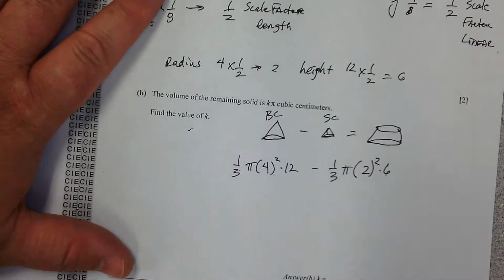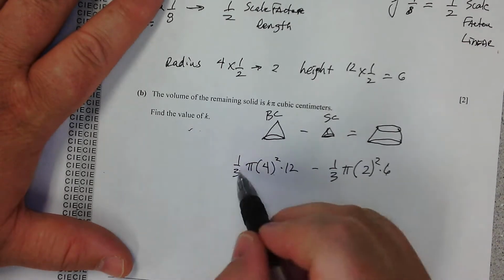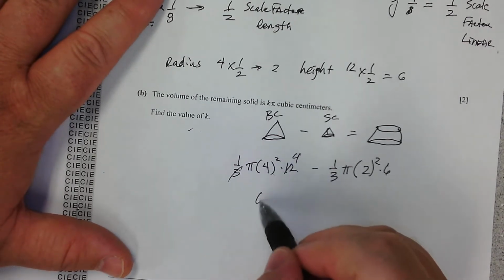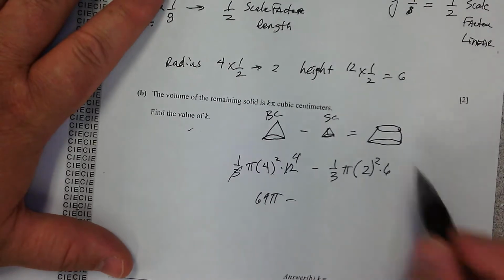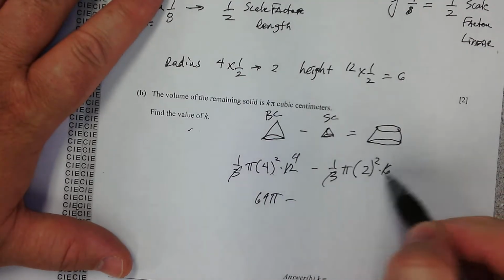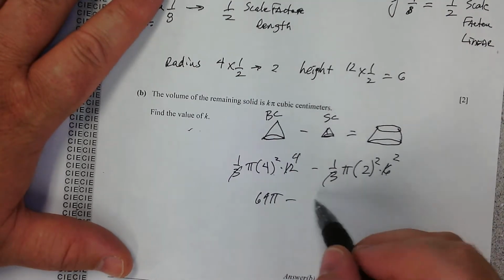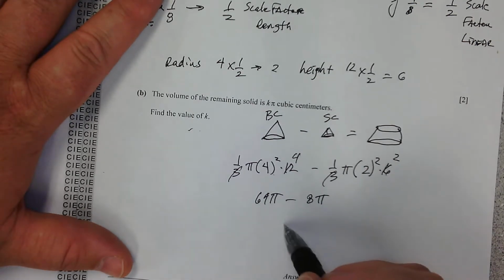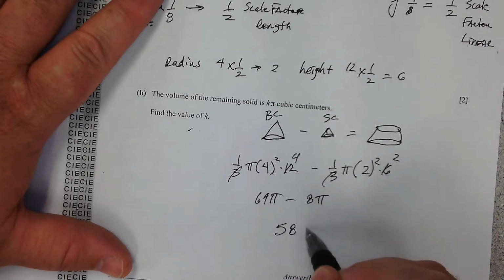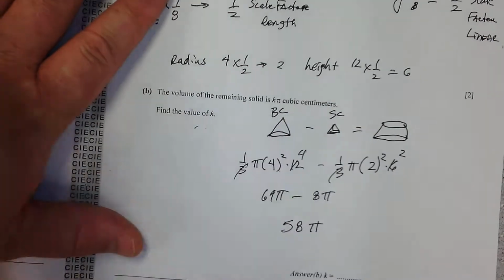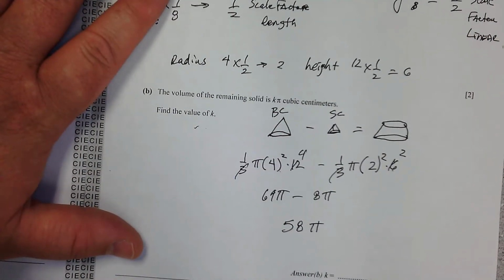So 16 times 4 is 64 pi minus 8 pi. So that is 56 pi. And so then there's no pi in that answer, of course.